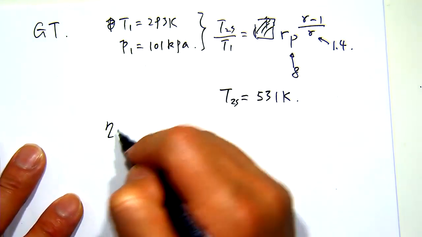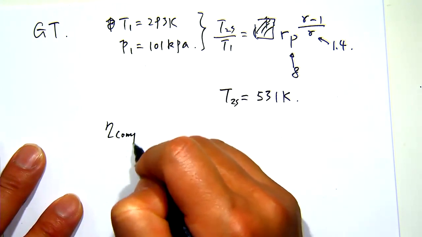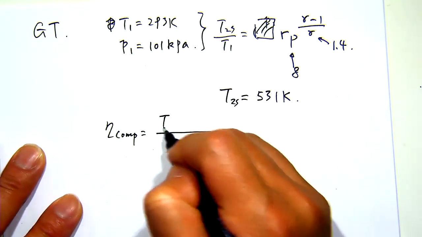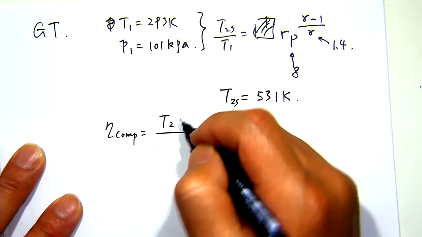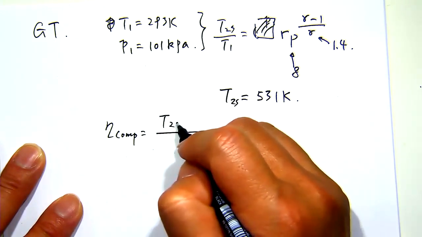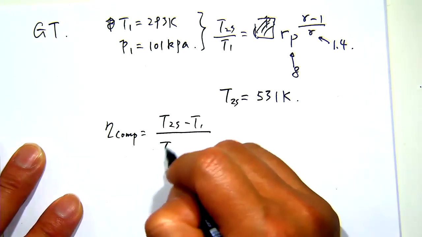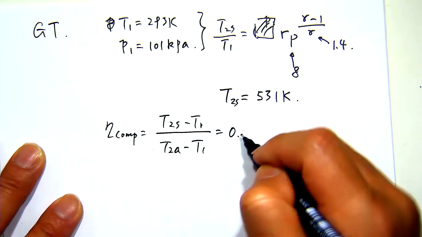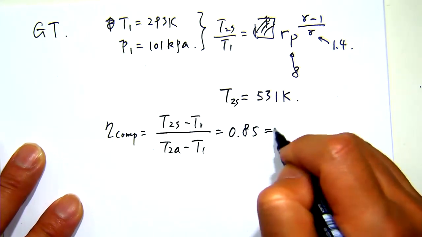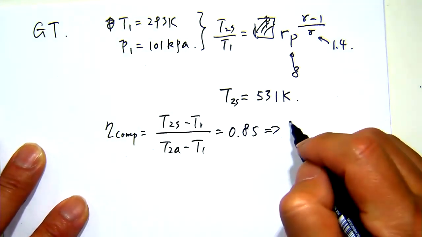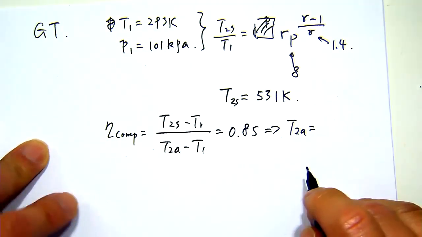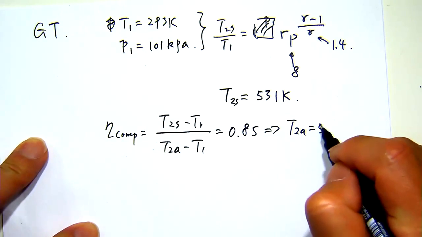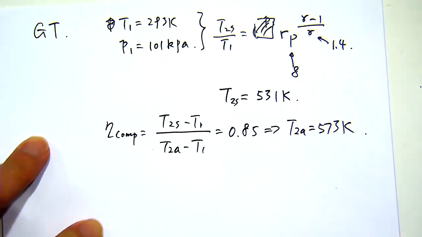Then the compressor efficiency can be written as T2s minus T1 over T2a minus T1, which equals 0.85, so we can readily find T2a, which equals 573 Kelvin.